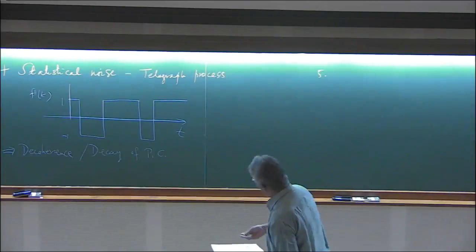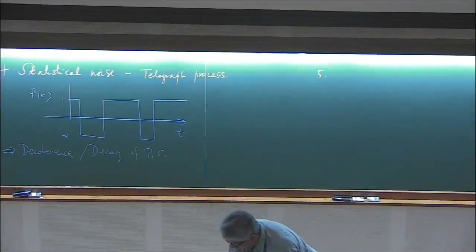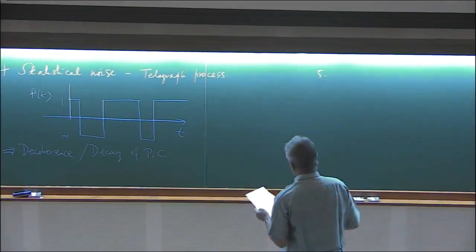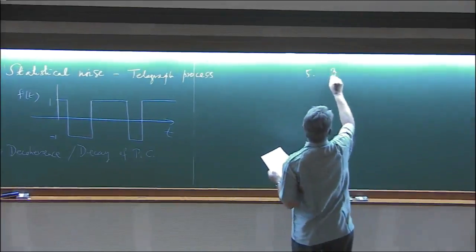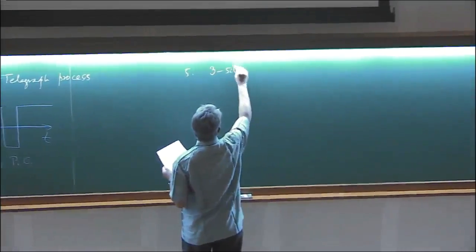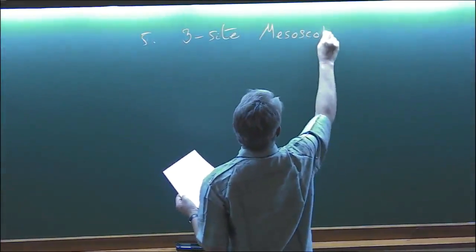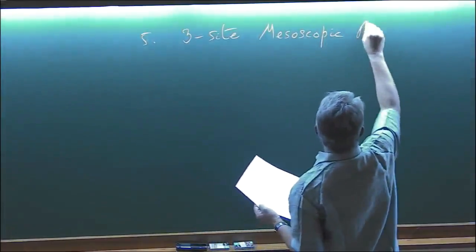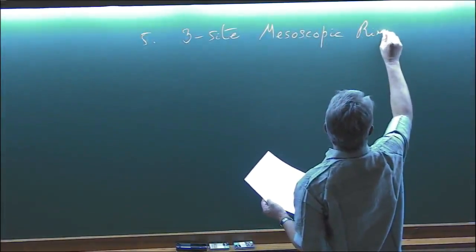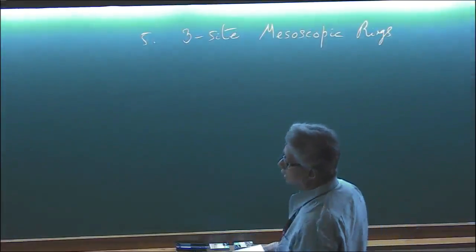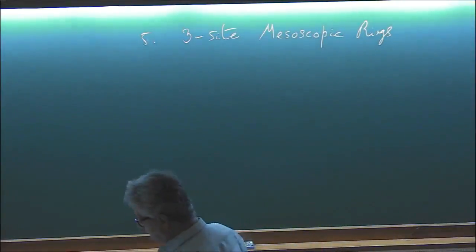So what we do is we take a simple model where I can do all these calculations exactly. So you have a three-site mesoscopic ring. These are Aharonov-Bohm rings on which the Aharonov-Bohm effect and quantum interference effects were first seen experimentally.